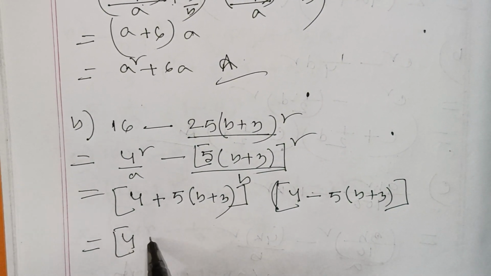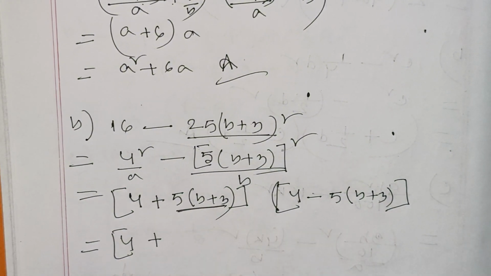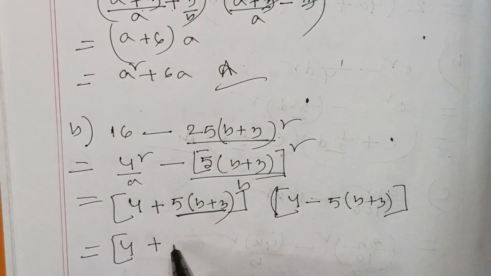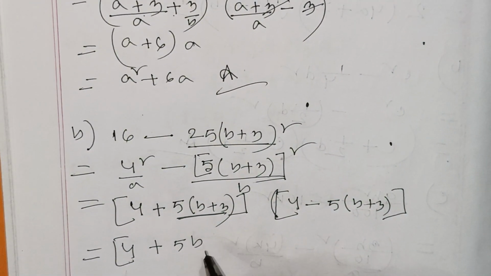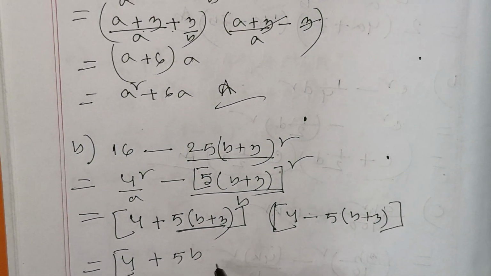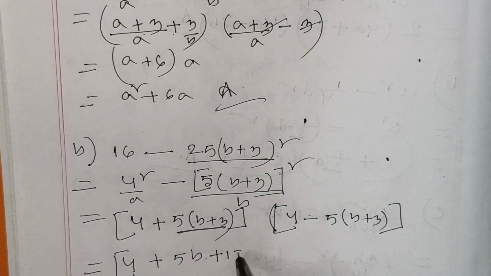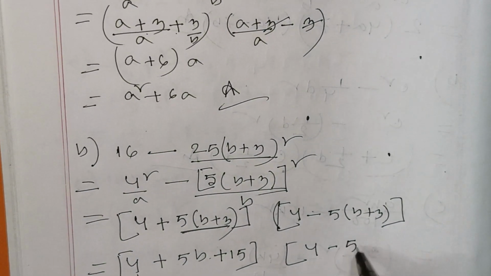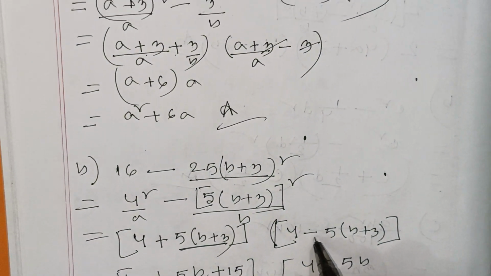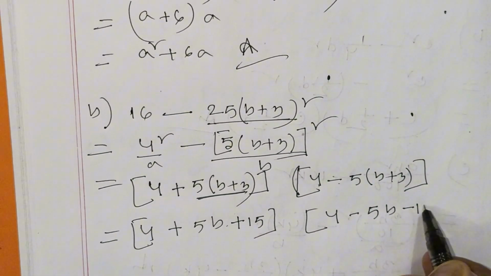Now see this term, we will expand. 5b: 5 groups of b means 5b, and 5 threes are 15. Same here, 5b and plus a minus, 5 threes are 15.